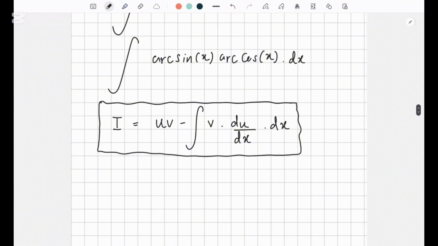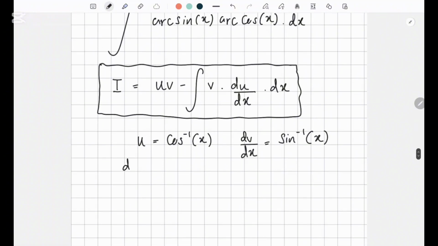So I'm gonna do this. I'm gonna take u equals cos inverse x, and I'm gonna write dv over dx equals sine inverse x. Okay, so du over dx equals, the differentiation of cos inverse x is minus 1 over root 1 minus x squared.